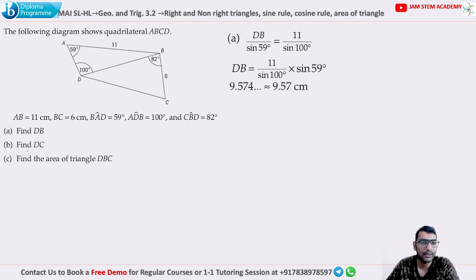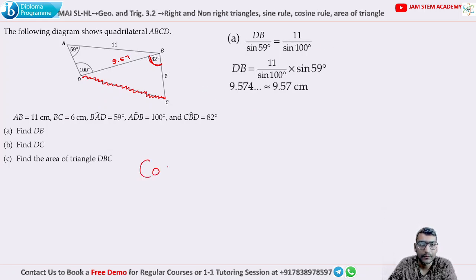Now, the next part is to find the length DC. So this time we have this DB length, which is, let me write here, 9.57. We are looking for DC, this side length. You can use the cosine rule this time because these two adjacent side lengths are given and the angle between them is given. So let me write it for you.